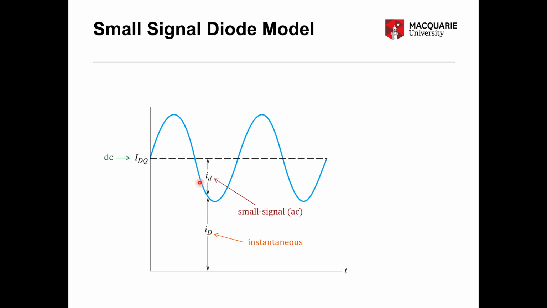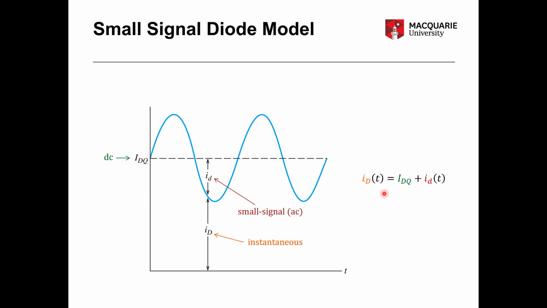Now at any one particular point in time, we have the actual instantaneous current. That's shown by this arrow here, and for this point in time, it would be up to here on this part of the curve. So the instantaneous actual current at that point in time is notated by a small I and a large D, with a combination of both the large signal and the small signal currents.